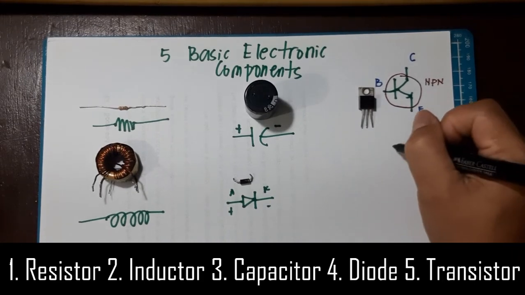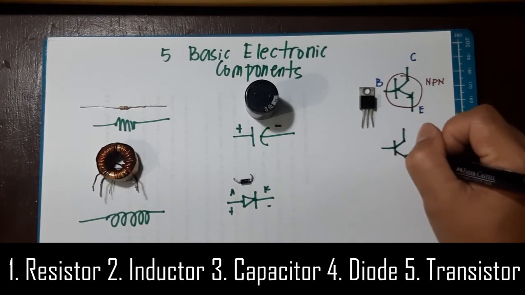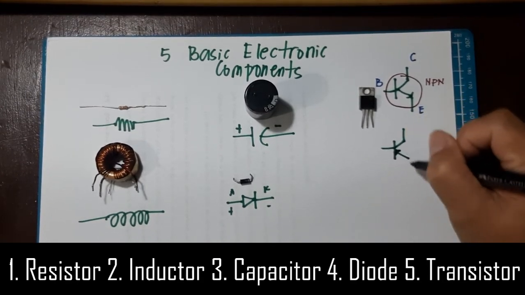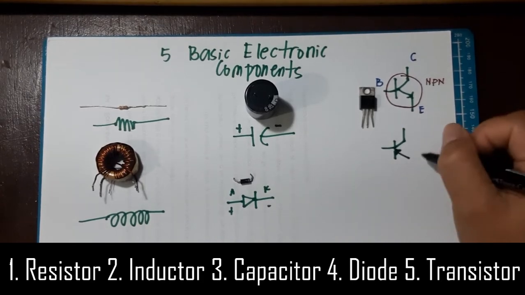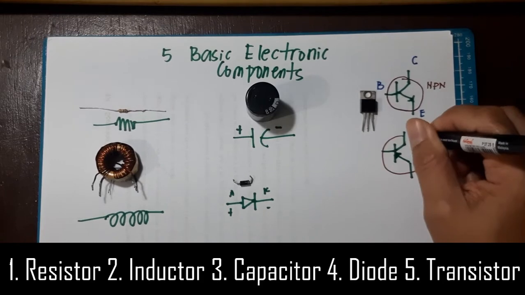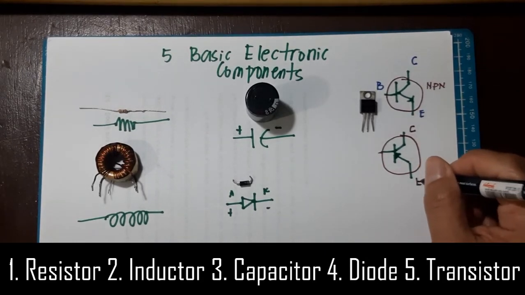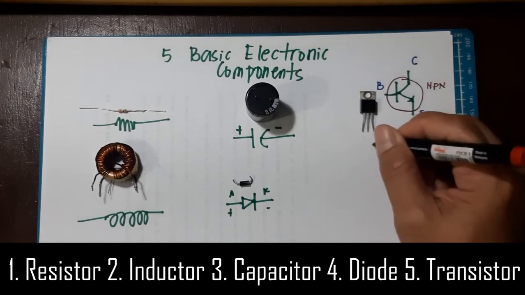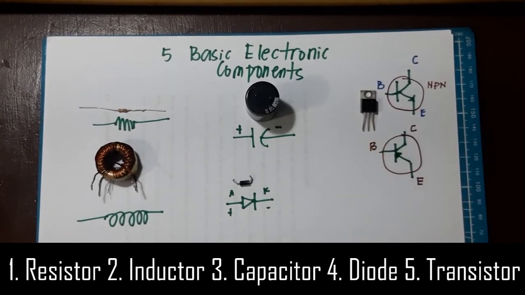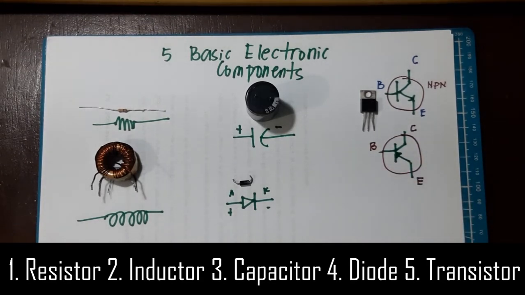A PNP transistor is drawn like this, with the arrow pointing towards the base. So this is our collector, this is our emitter, and this will be your base. This type of transistor is PNP.